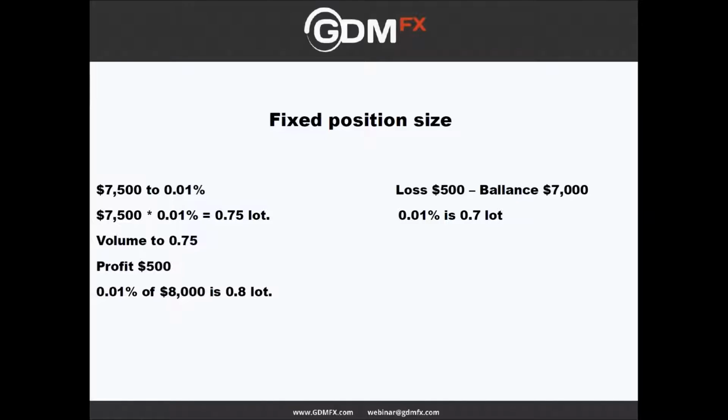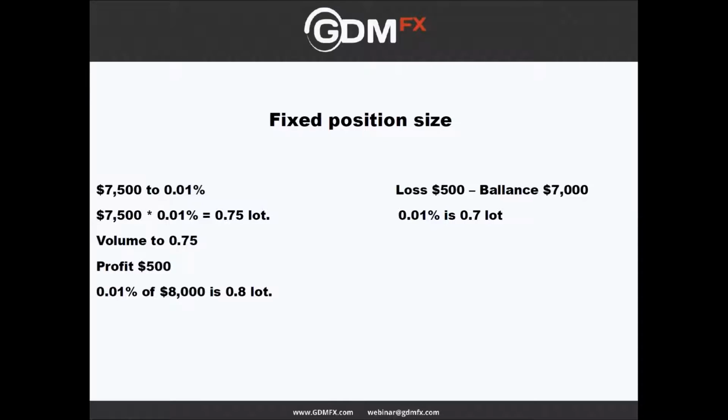So you see, it is quite important to remember that a gradual buildup of an account is by far the best. Let's have an example. If you have an account of $7,500, just as an example, then you decide to set your position size to 0.01% of your account size.